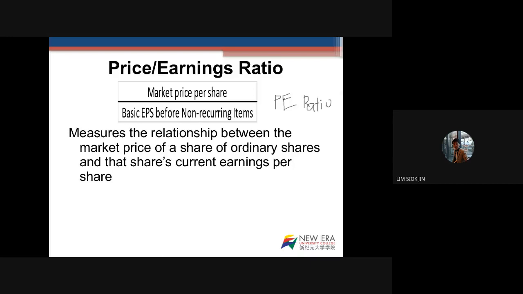Who determined the market price? No one sets the market price. You or the market, everyone else sets the market price. Alright? For example, you go to Secret Recipe. Secret Recipe, you can buy cake, right?